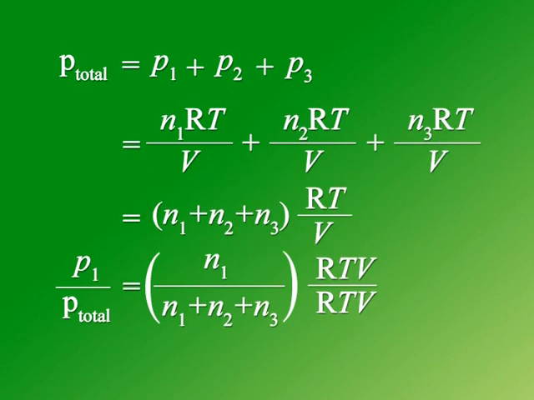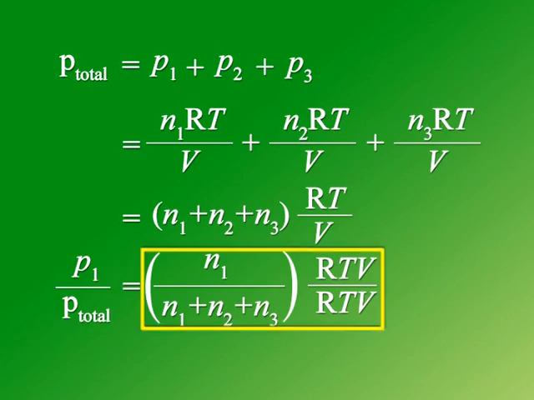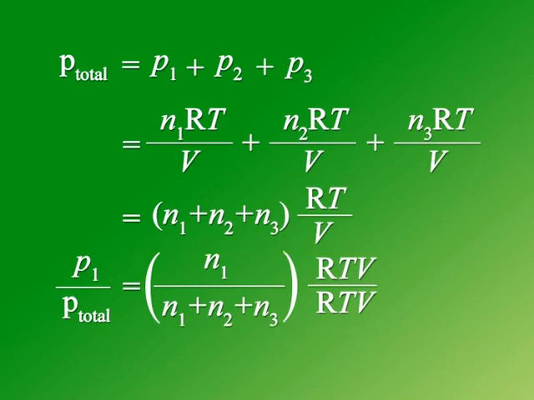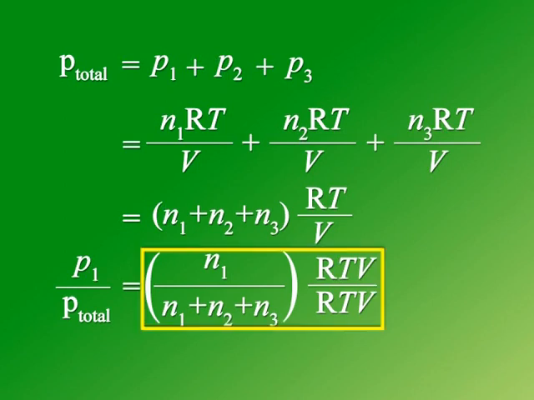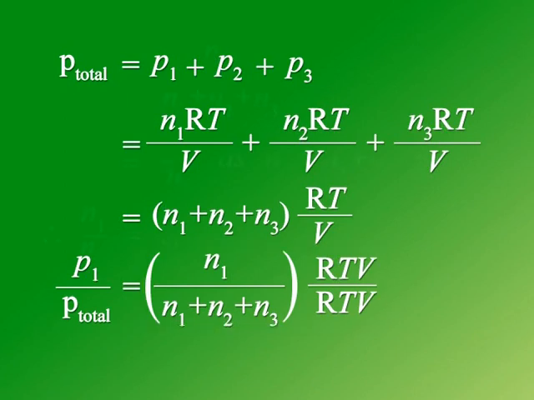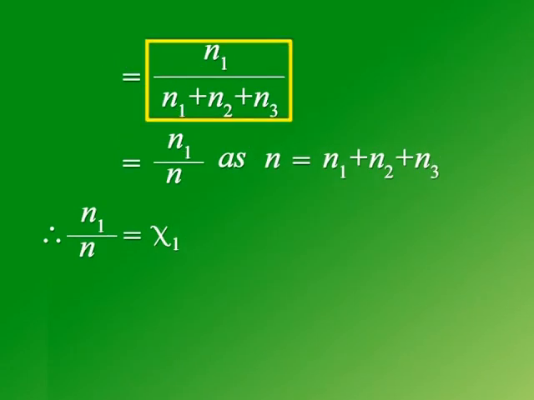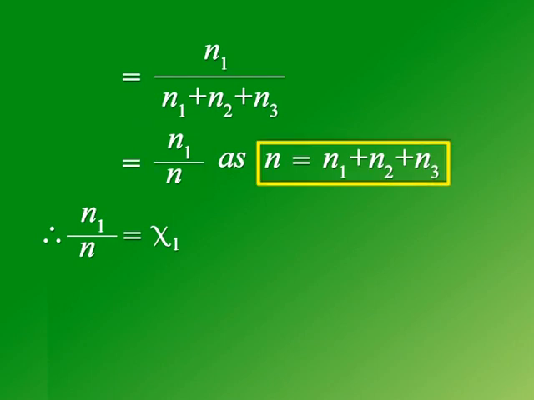On dividing P1 by P total, it is equal to N1 divided by N1 plus N2 plus N3 multiplied by R multiplied by T divided by V, upon R multiplied by T divided by V, which is equal to N1 divided by N1 plus N2 plus N3, which is equal to N1 divided by N, as N equals N1 plus N2 plus N3.